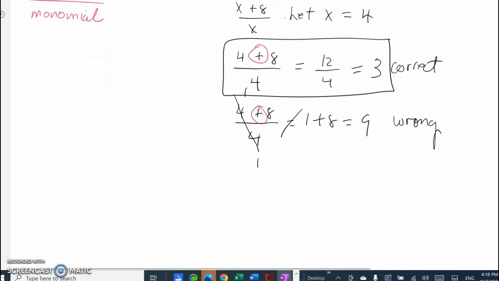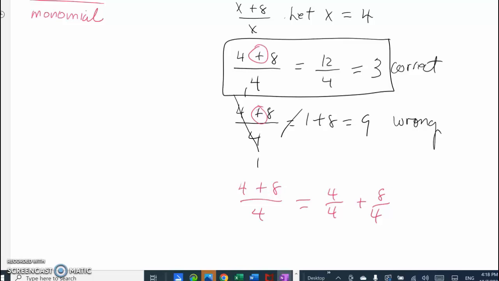Well, let's go back to our little example here. If I have 4 plus 8 over 4, what I'm actually doing is separating these two terms, and I get 4 over 4 plus 8 over 4. What I'm really doing is distributing, instead of by multiplication, by division.